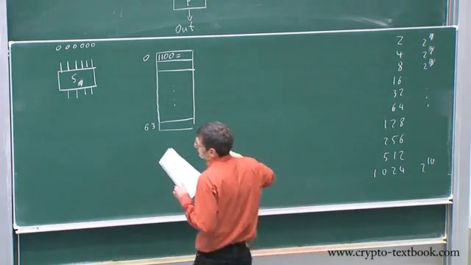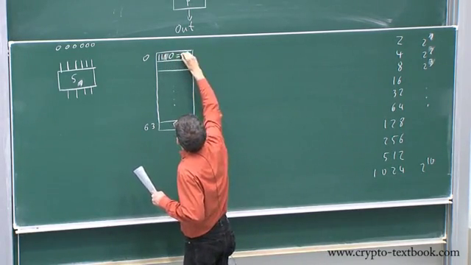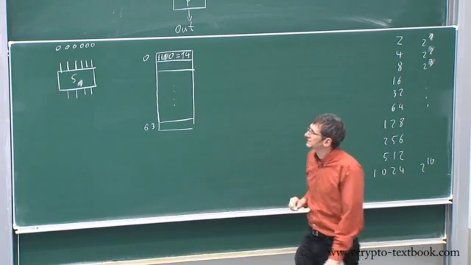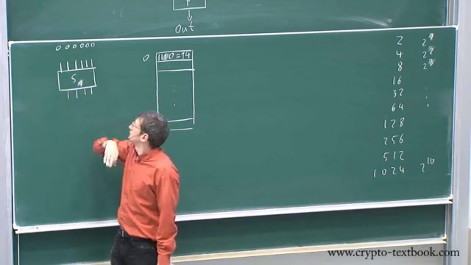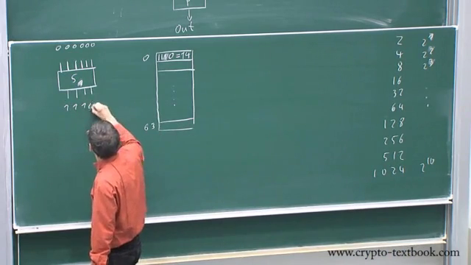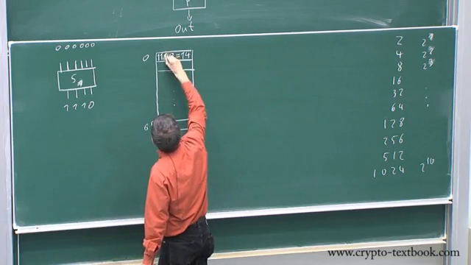It should be 14, so there's a 1 here. It's 14 in decimal, okay? That means if this is your input, 0, 0, 0, 0, your output is 1, 1, 1, 0. Sometimes I use the English or Dutch notation without the Aufstrich.